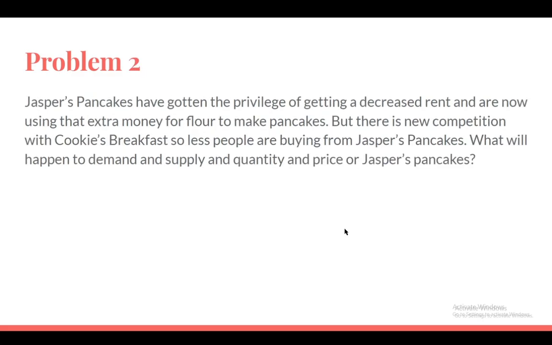Jasper's Pancakes have gotten the privilege of getting a decreased rent and are now using the extra money for flour to make pancakes. But there's new competition with Cookie's Breakfast, so less people are buying from Jasper's Pancakes. What will happen to demand, supply, quantity, and price of Jasper's pancakes? Pause.